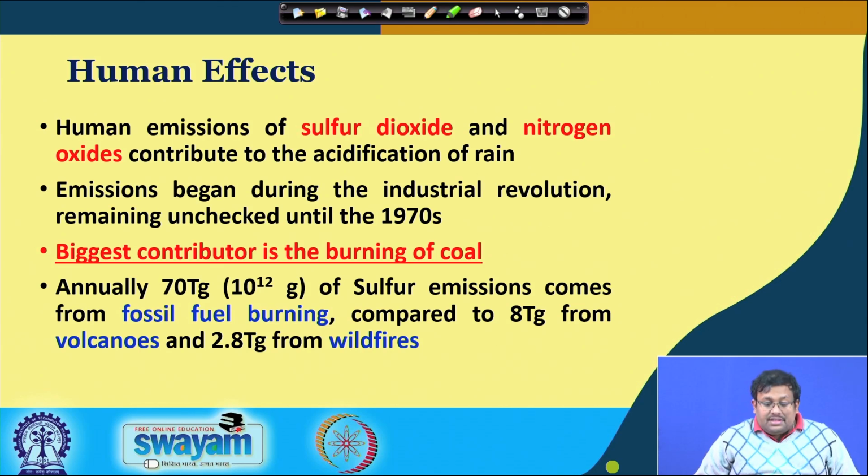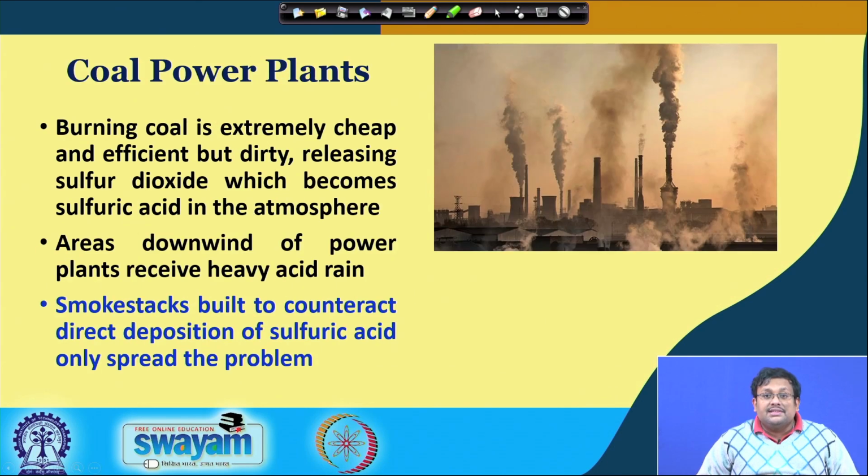Annually around 70 teragrams of sulfur emissions come from fossil fuel burning, compared to 8 teragrams from volcanoes and 2.8 teragrams from wildfires. That shows the impact of human anthropogenic influences in producing acid rain, which is a very important consideration and a very important aspect as far as environmental pollution is concerned.